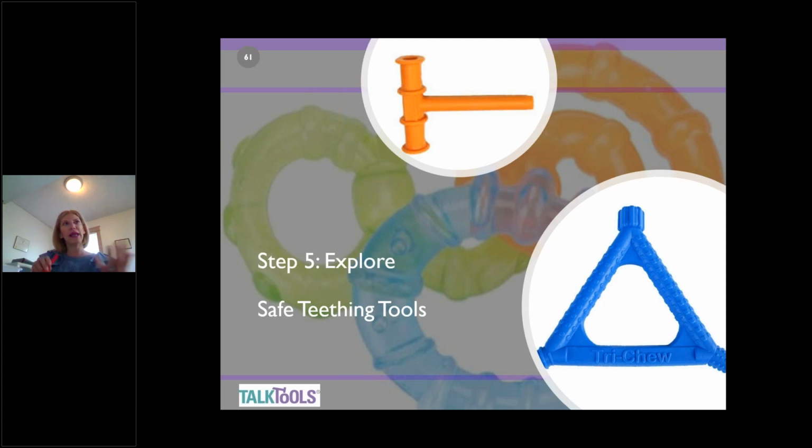If I'm working with a baby 9 to 12 months and I want to work on some chewing, I may use a chew tool, but when it's shaped like a T, I'm going to be holding it and putting it where I want it placed, okay?